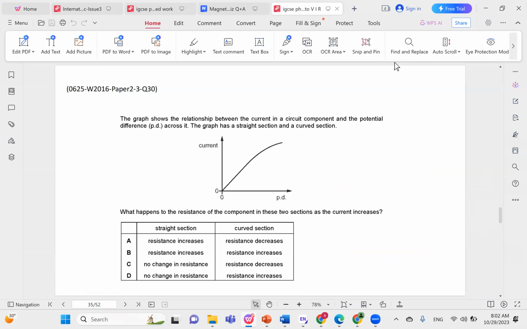The graph shows the relationship between the current in a circuit component and the potential difference across it. The graph has a straight section and a curved section. What happens to the resistance of the component in these two sections as the current increases? So first of all, this could be viewed as a mathematical problem anyway, but because the resistance is equal to voltage over current, if we divide voltage by current in this part, which is linear, it has a constant slope from mathematics.